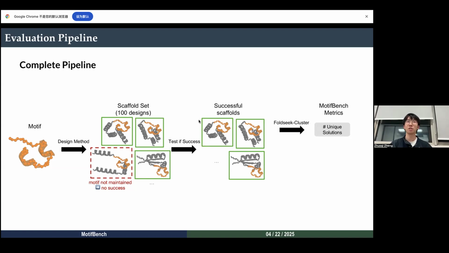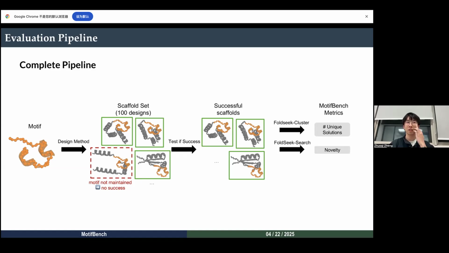And from the perspective of design, we want these scaffolds to have very different properties that could improve their utility in downstream experiments, such as expressivity and solubility. So we want our candidates to be diverse enough to improve the success rate in real-world experimental design. We first use Foldseek cluster to cluster the successful scaffolds and count the number of clusters, which we call unique solutions.